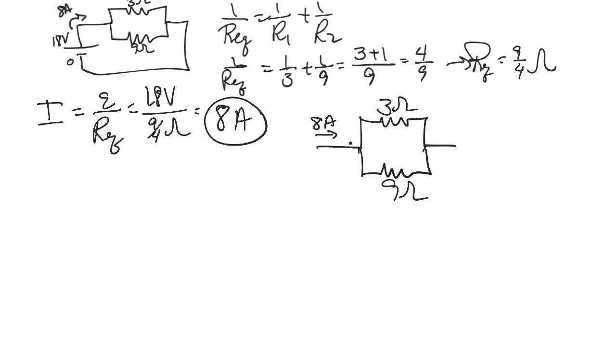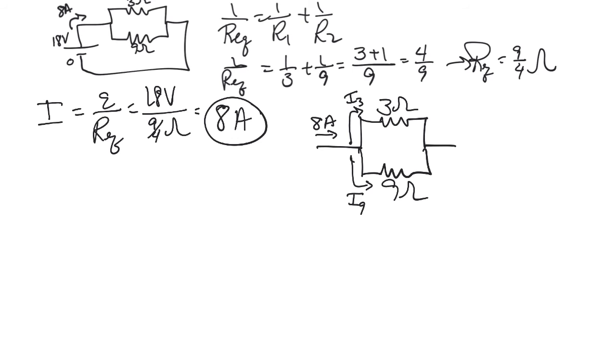And the fact is that the current through the 3 ohm versus the current through the 9 ohm, they're not going to just split evenly, because one is much more attractive than the other. The 3 ohm is a much nicer path, so more charges will choose that. Okay, quick.